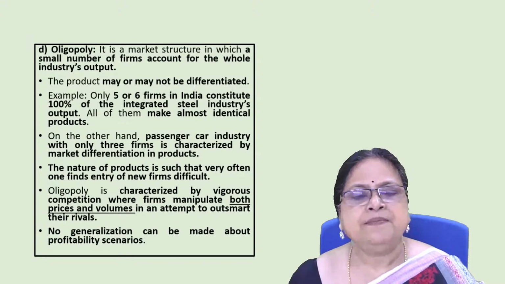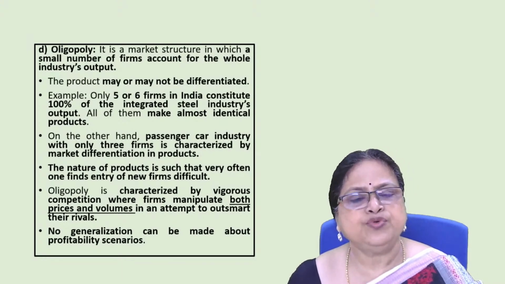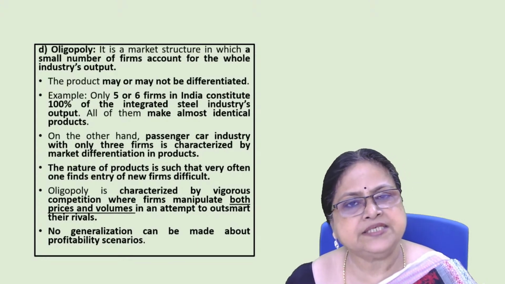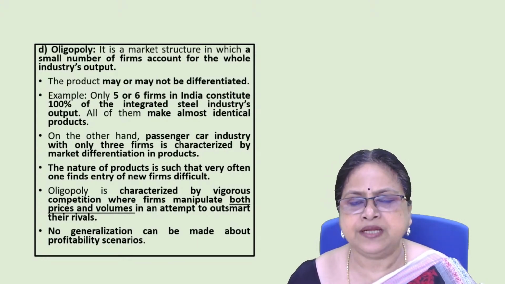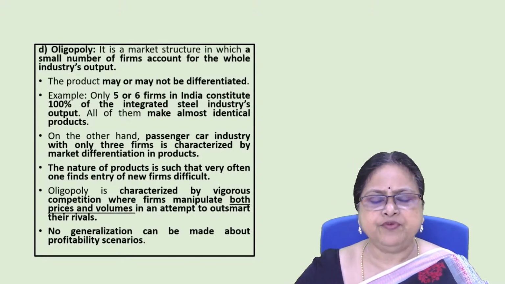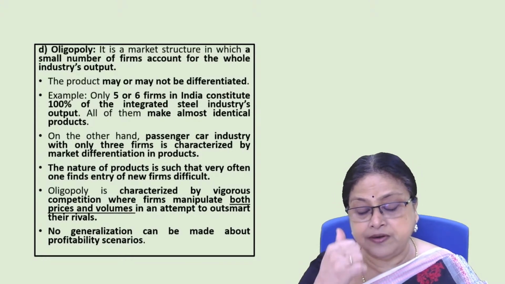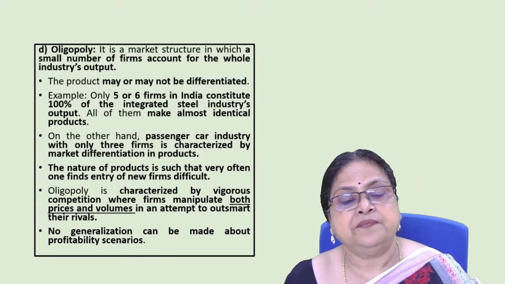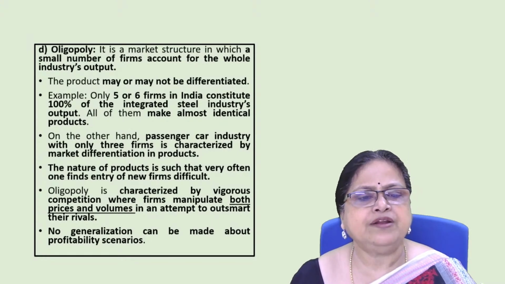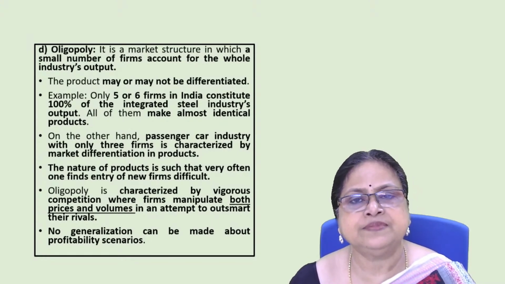On the other hand, the passenger car industry with only 3 firms is characterized by product differentiation, like Maruti Suzuki, then Tata, and very few imported foreign companies are coming nowadays.